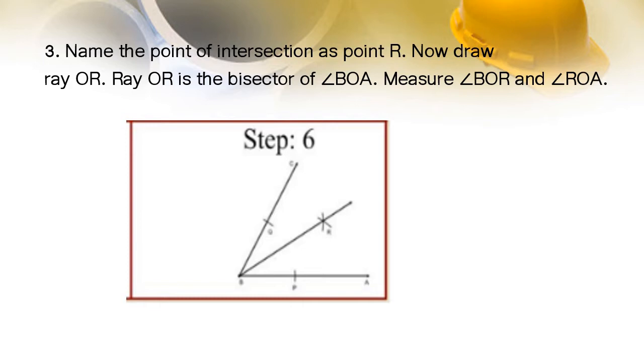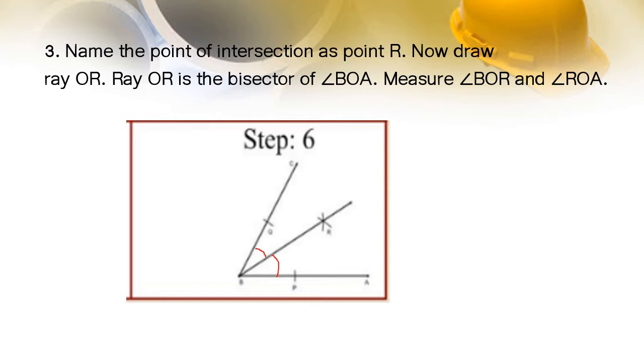This OR is the bisector of angle BOA. Now measure this angle BOR and this angle ROA. Measure these two angles and find out whether they are equal or not. In this way we can draw an angle bisector and divide an angle into two equal parts.